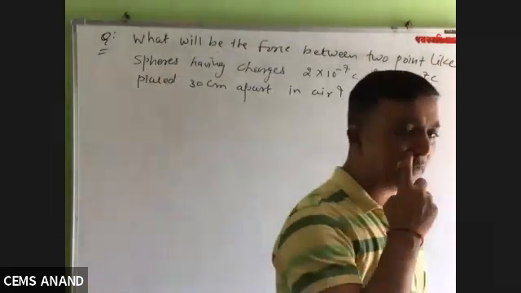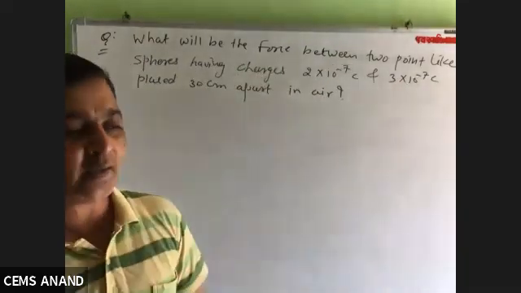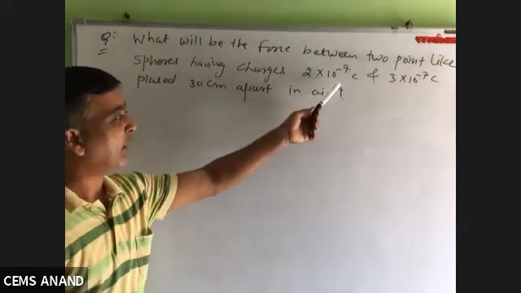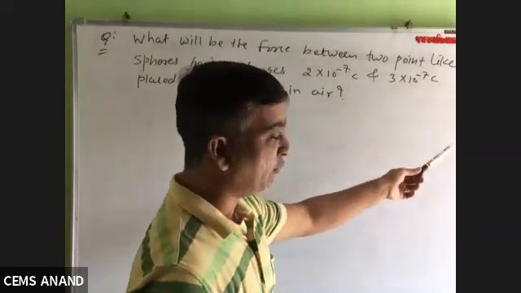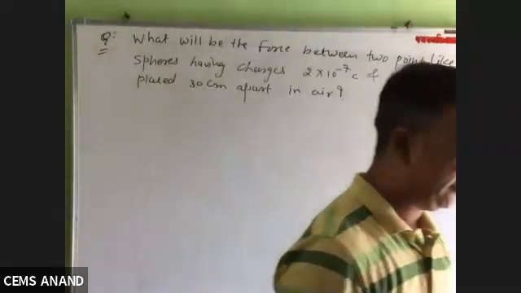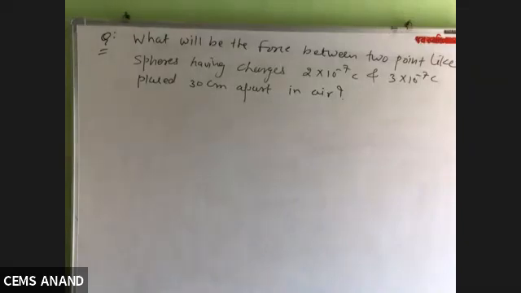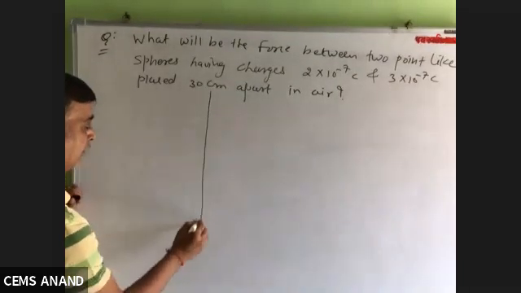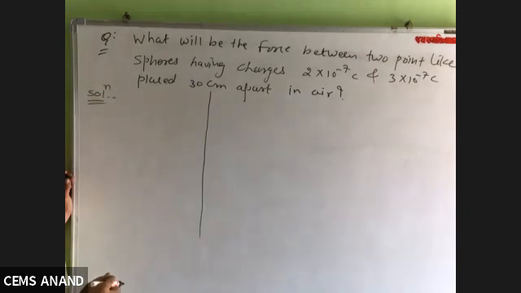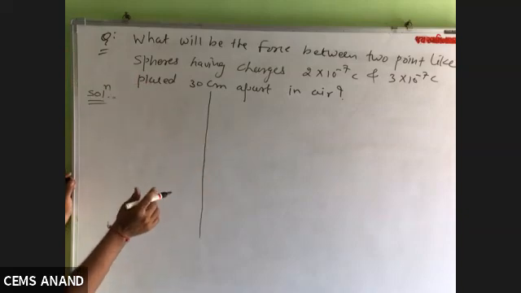What is the force between two point-like spheres having charges 2 into 10 raised to minus 7 coulomb and 3 into 10 raised to minus 7 coulomb placed 30 centimeter apart in air? So what we need to do first in our solution is to separate the given data.